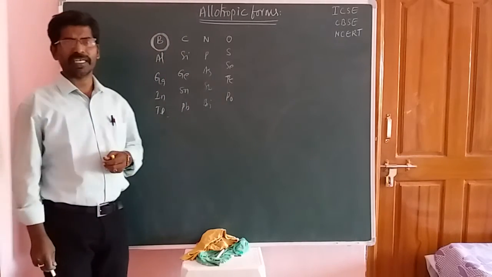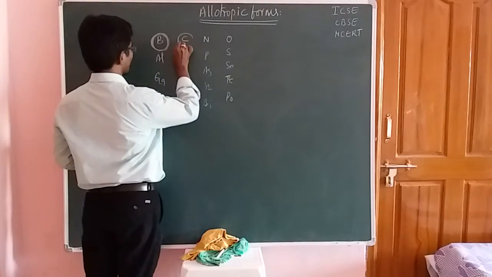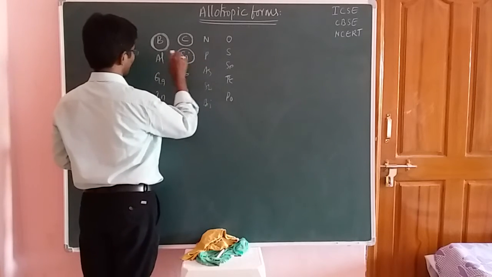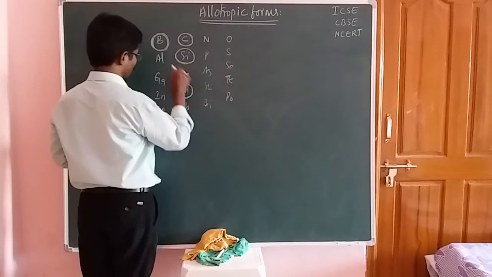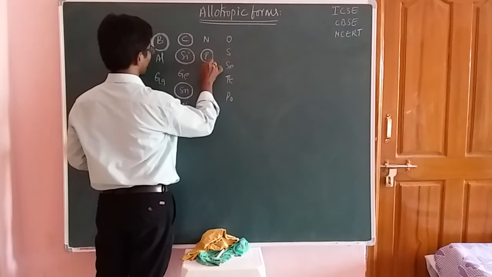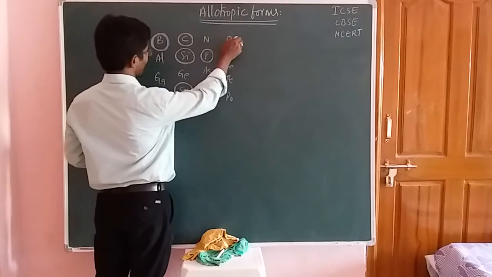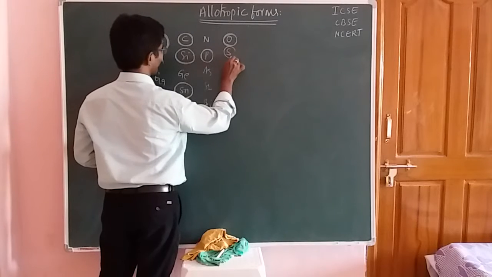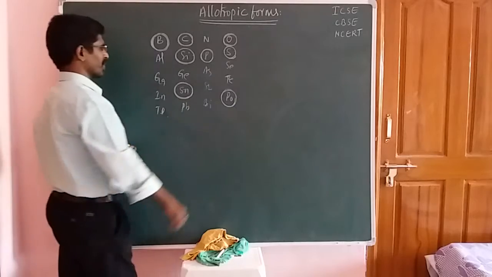In the fourth A group elements, carbon exhibits the allotropic form, silicon exhibits the allotropic form, and tin also exhibits the allotropic form. Next, nitrogen exhibits different types of allotropic forms. In the next group, oxygen exhibits the allotropic form, sulfur exhibits the allotropic form, and polonium also exhibits the allotropic form.